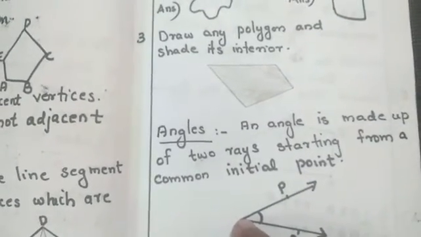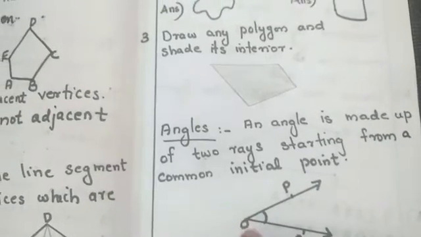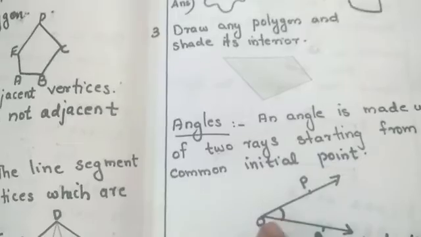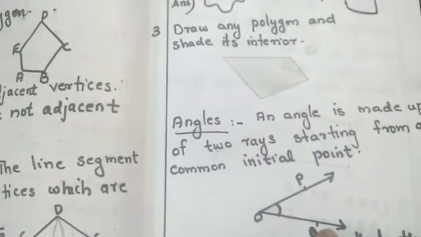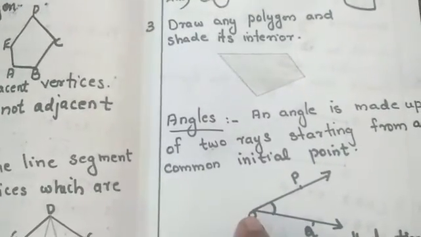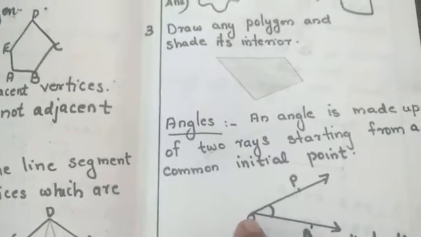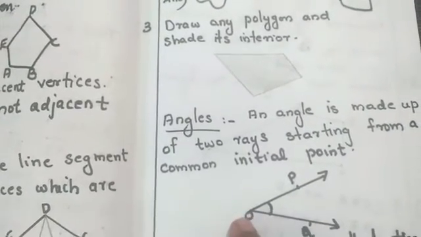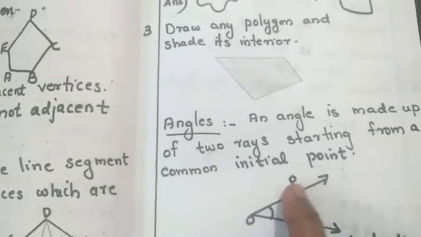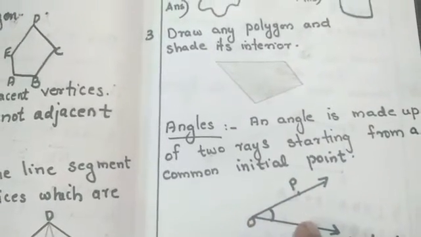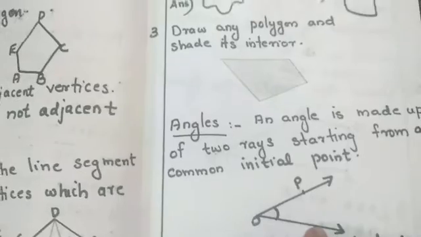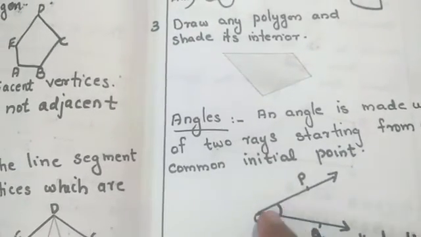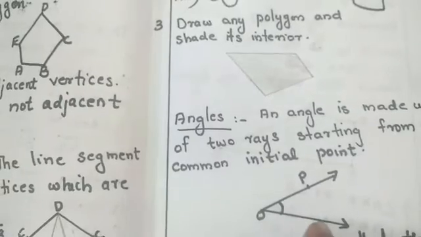So here you can see two rays OP and OQ meeting at the point O. So they have a common initial point O. So we can say this is an angle. POQ is an angle formed by two rays OP and OQ.